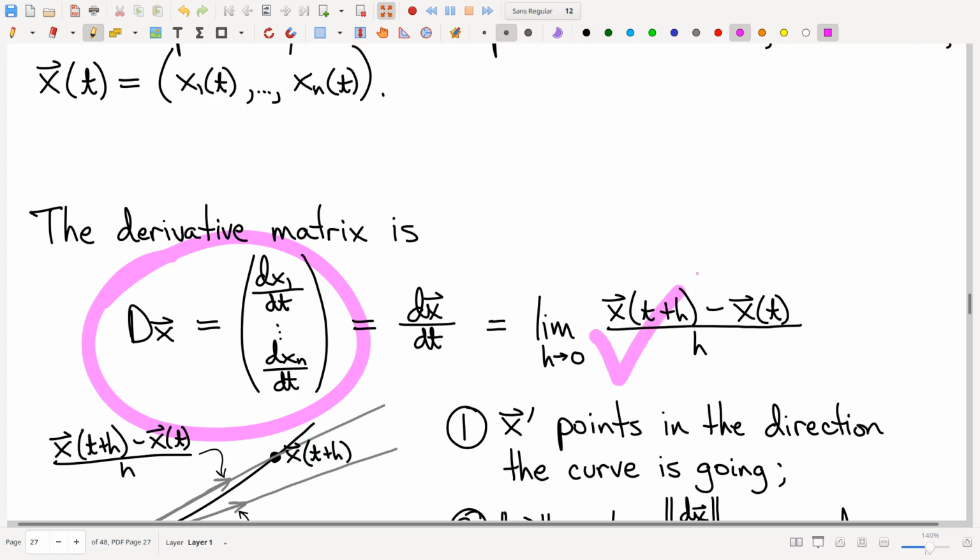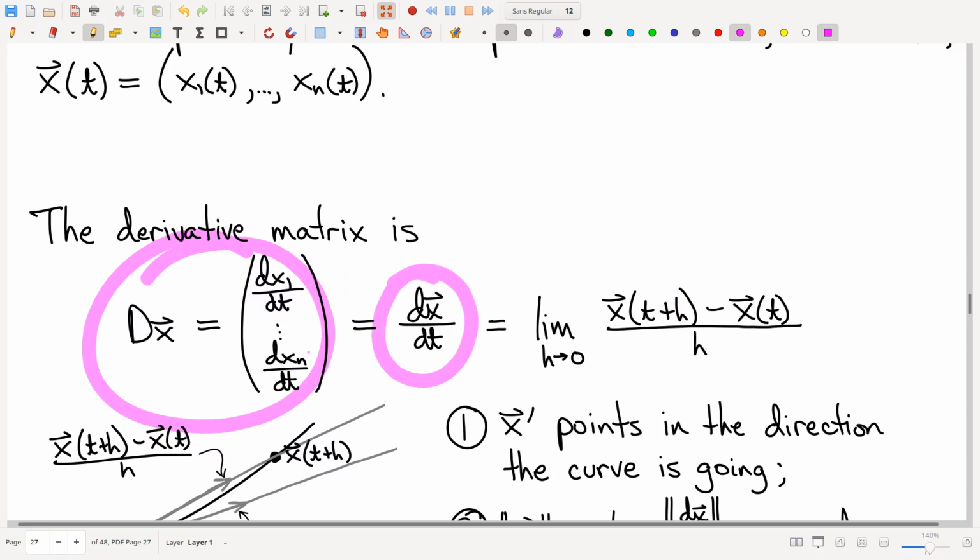It produces a familiar result in this context of parametric curves. Okay. Now, what does it look like? If we accept that a derivative matrix is basically a derivative vector, what does that vector do?